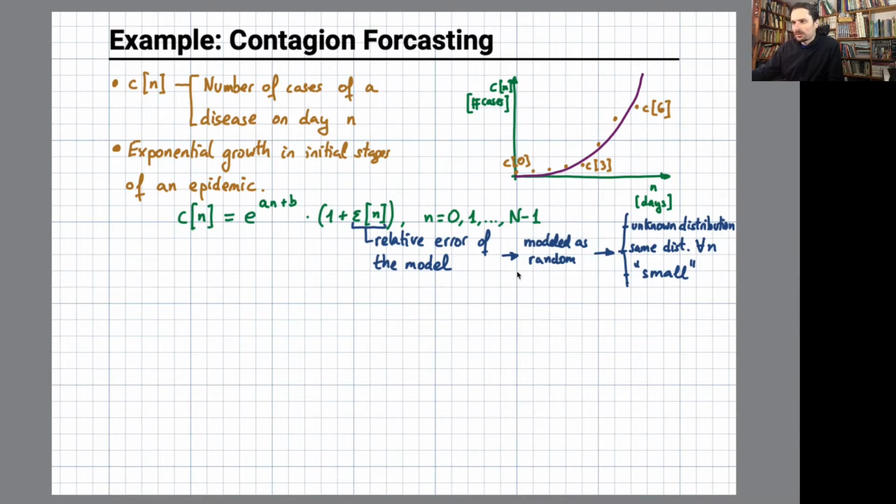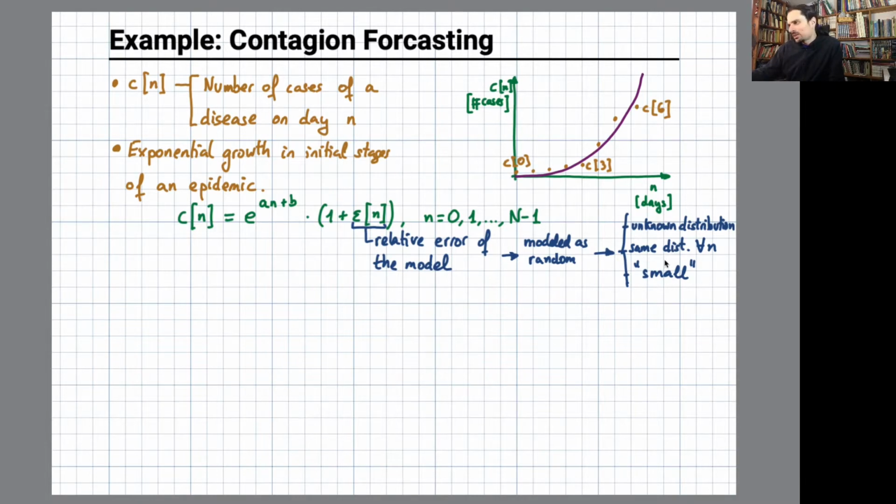In general, we will just model this as random, but we will not impose any specific distribution. We will only assume that all epsilon n have the same distribution, although that could even be relaxed further.